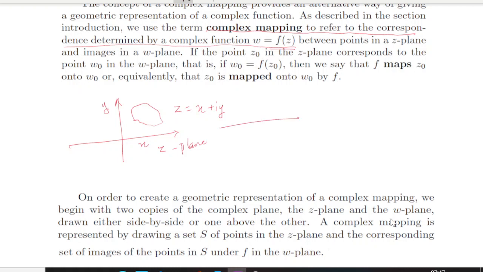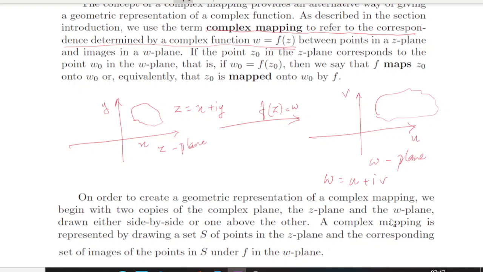Now we will map this to some f of z, that is w. So we will have another plane, which is called the w plane, and we will have the image of this here. Somewhere here we will get the image, and we always represent w as u plus iv. So this is your u axis and this is your v axis.